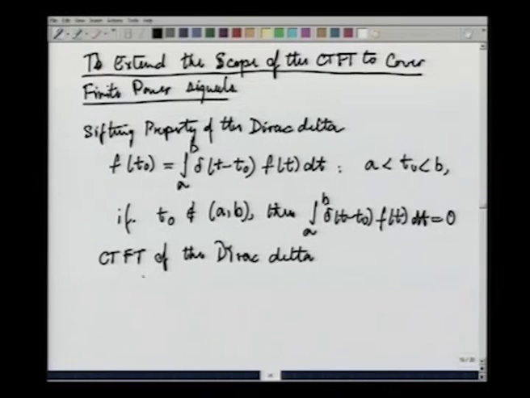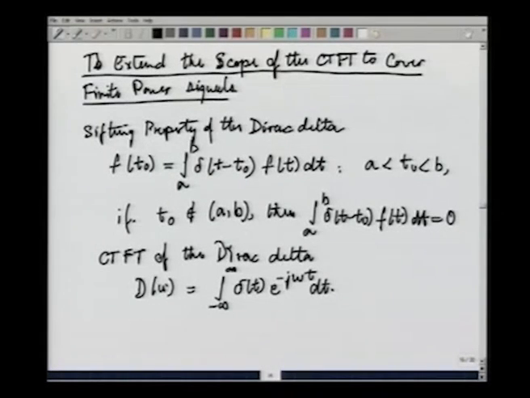Suppose we had the Dirac delta, then d of omega would be equal to the integral from minus infinity to infinity of delta of t, which is the Dirac delta, multiplied by e to the power minus j omega t dt. This just looks like an application of the sifting property.